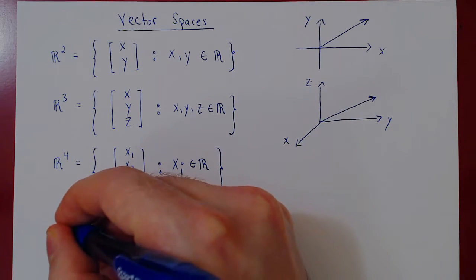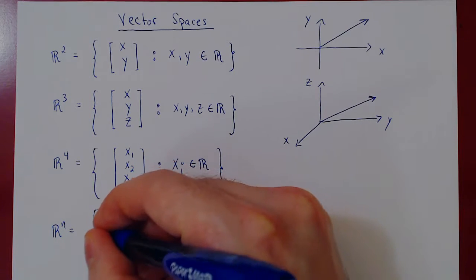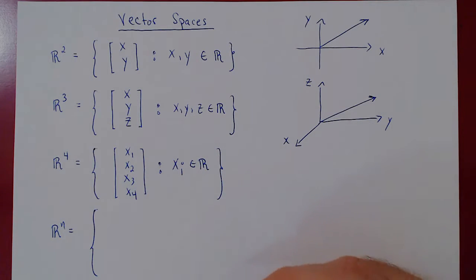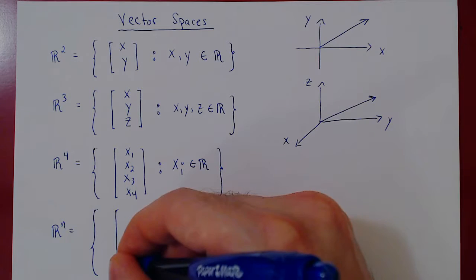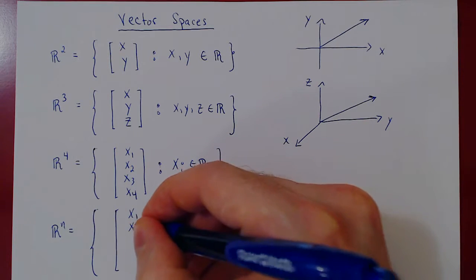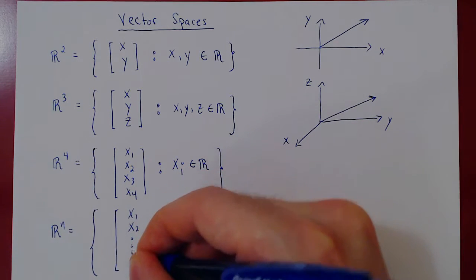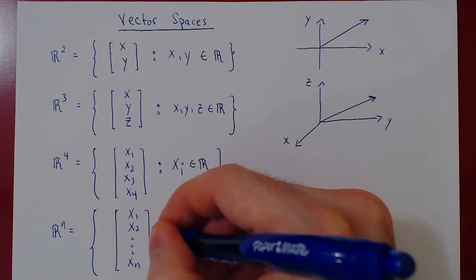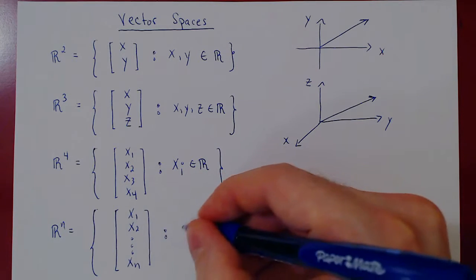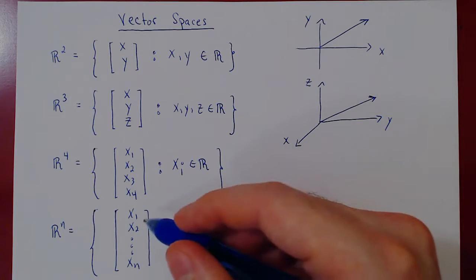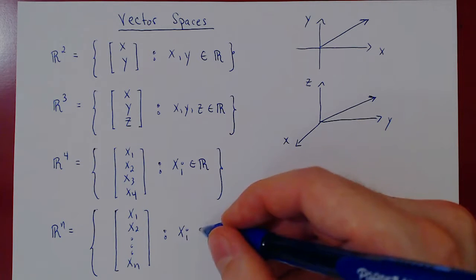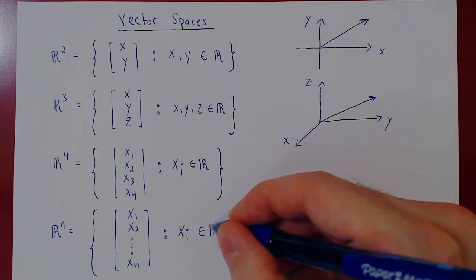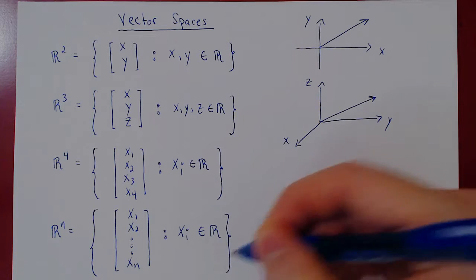For any positive integer n, you can consider the set of all n by 1 column matrices. So x1, x2, up to the nth entry xn. And as before, xi, ranging from 1 to n, is an arbitrary real number. So we consider all n by 1 column matrices.